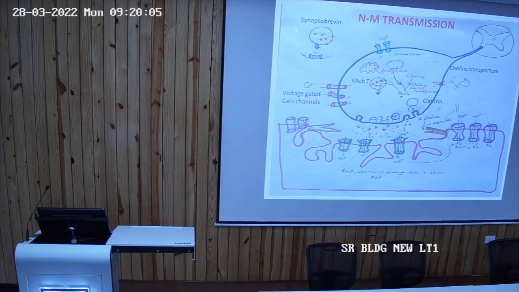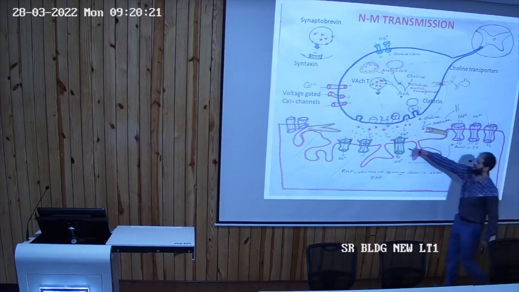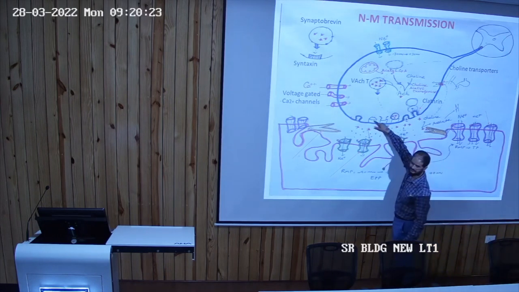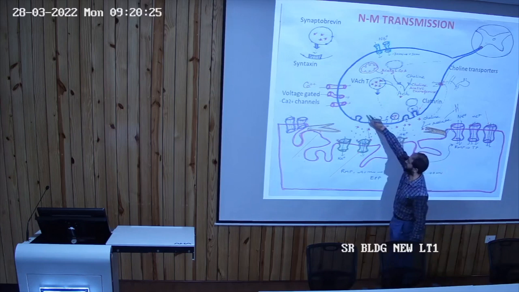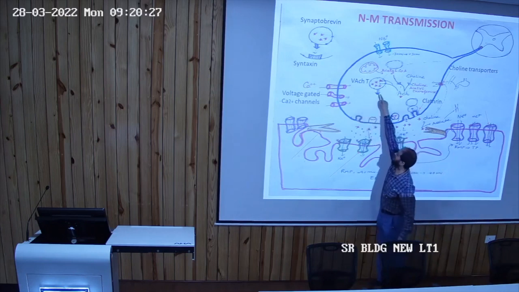Synaptobrevin is on the vesicular membrane, and there is another calcium sensitive protein over the presynaptic membrane, called syntaxin. Here there is syntaxin, which is sensitive to the presence of calcium, and there is synaptobrevin over there.